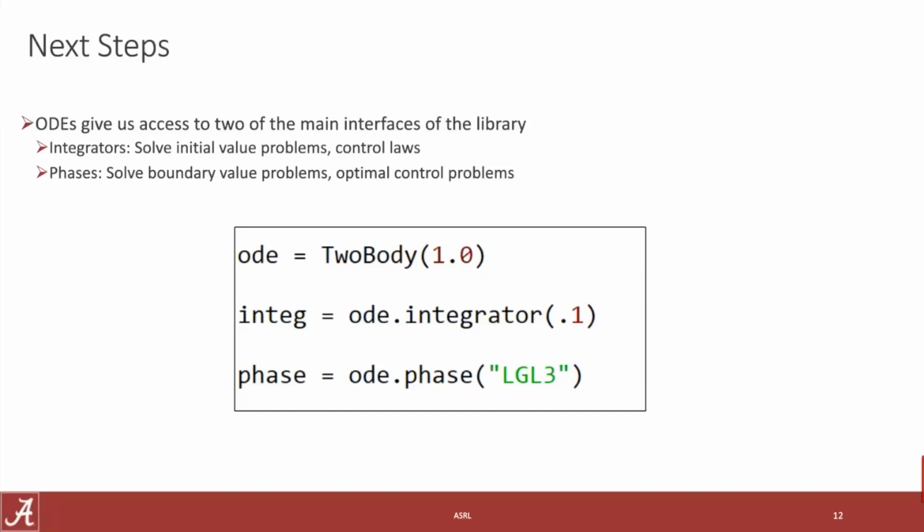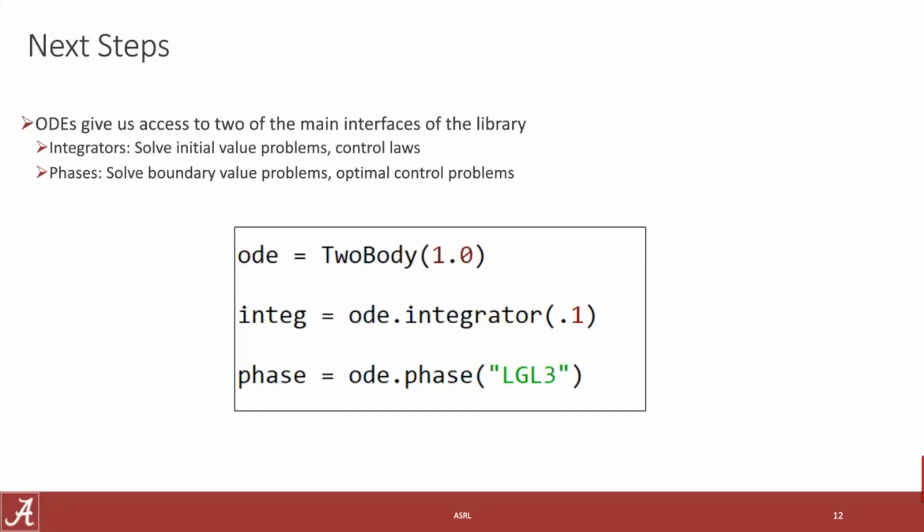So integrators are objects that you can essentially spawn off of an ODE that do propagation. It solves initial value problems. You can append control laws and do integration. It doesn't have an optimizer in it, but an integrator can do any ballistic propagation you need.